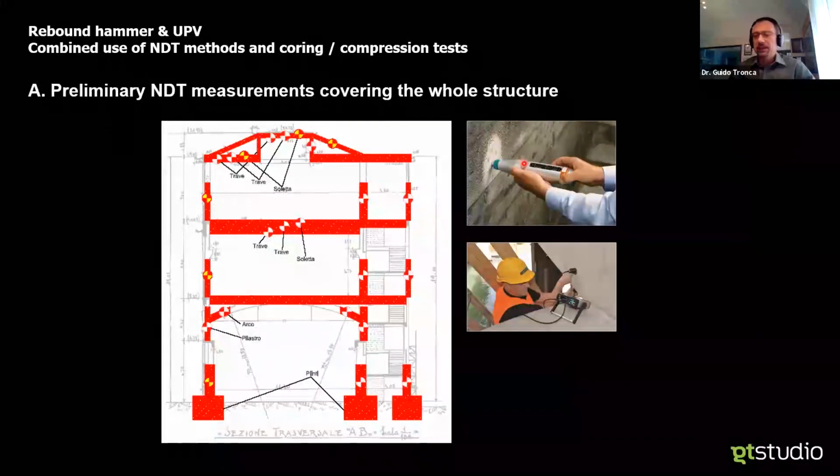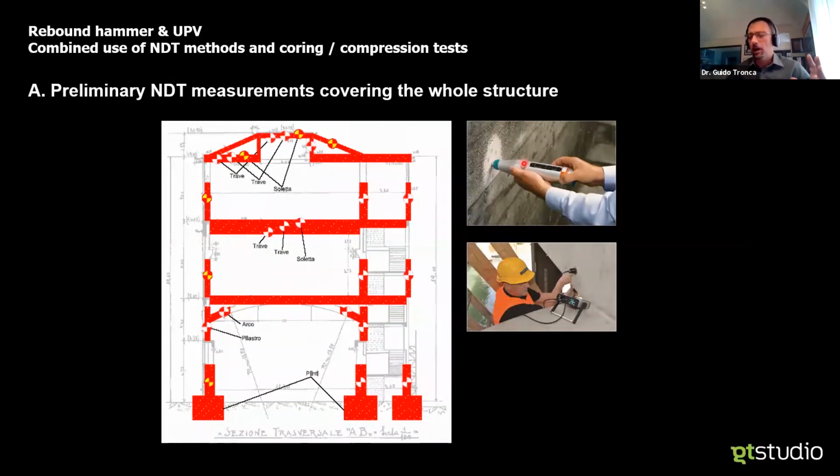Now, the key point for proper testing, case B that we mentioned, is let's use every tool at its best. So let's take a look at preliminary testing. Let's use NDT as a preliminary technique for providing, at low cost and in a fast time, information on a large number of elements.